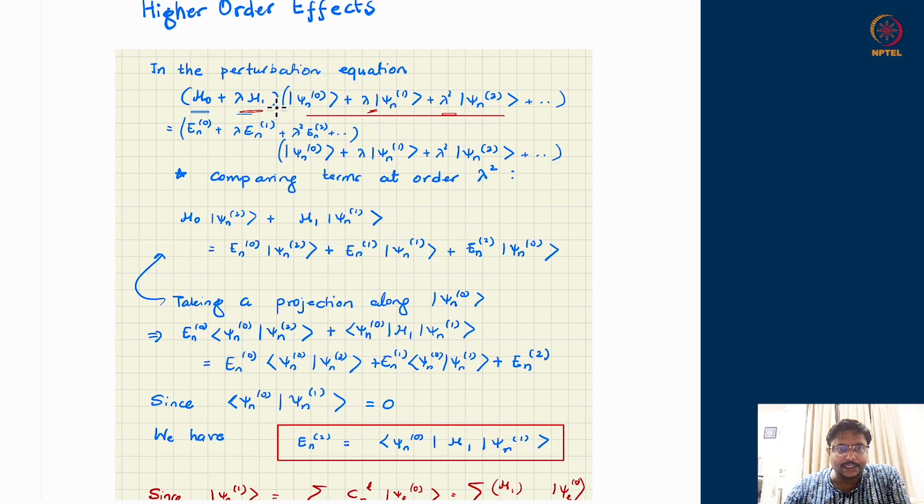Similarly, we do not know how energy eigenvalues change. All we know is that they will change with the introduction of the new Hamiltonian term lambda, but what function of lambda is unknown to us. So again the energy also we would expand in a power series in the parameter lambda.